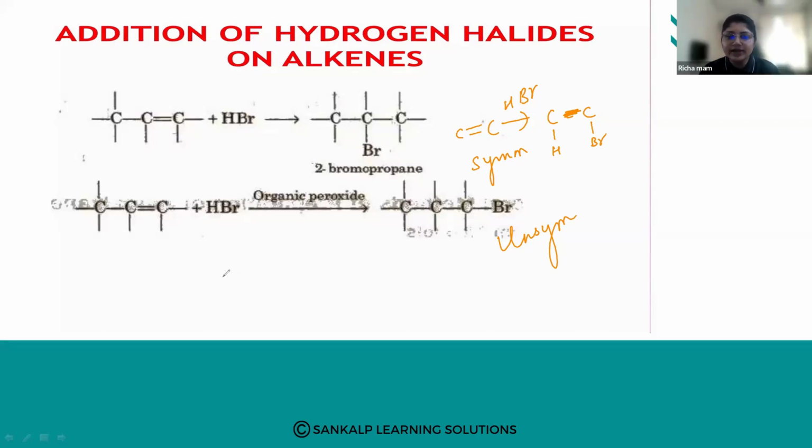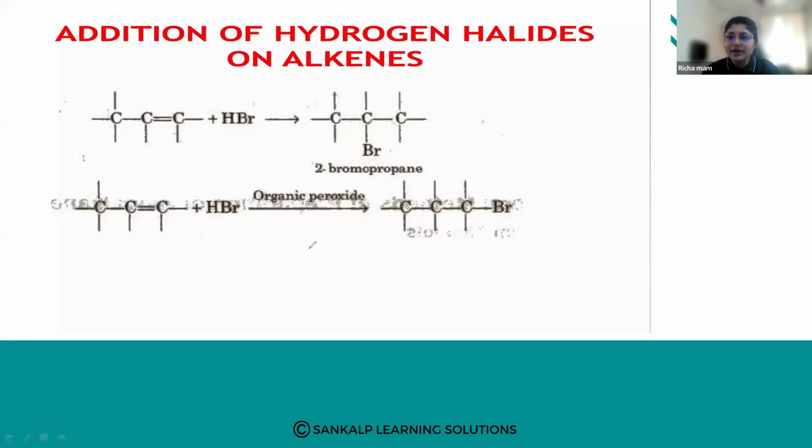Whenever you have an unsymmetrical alkene, addition of hydrogen halide across the double bond takes place in such a way that the negative part will be added to the carbon with the least number of hydrogen atoms, and hydrogen will be added to the carbon with more number of hydrogen atoms. This is the Markovnikov rule.